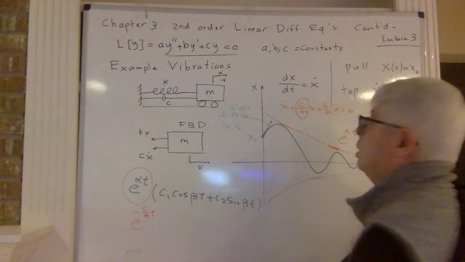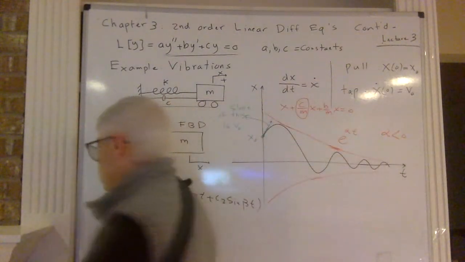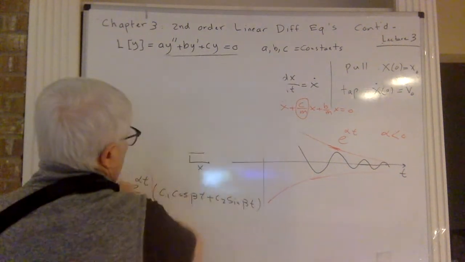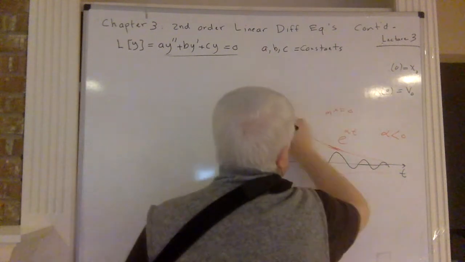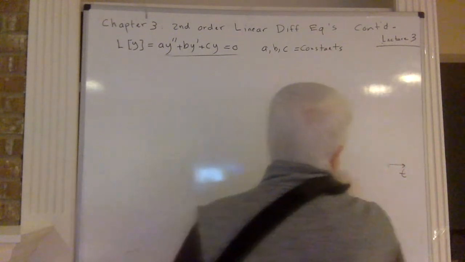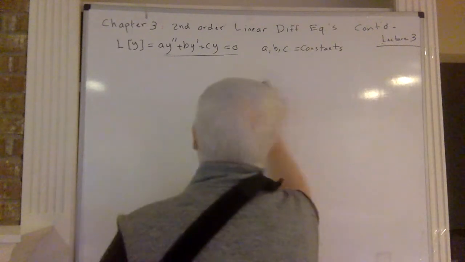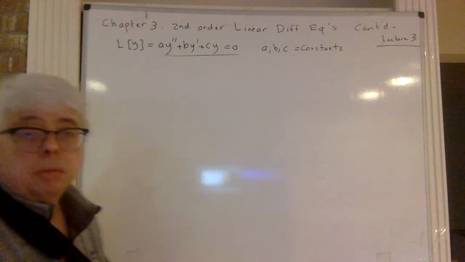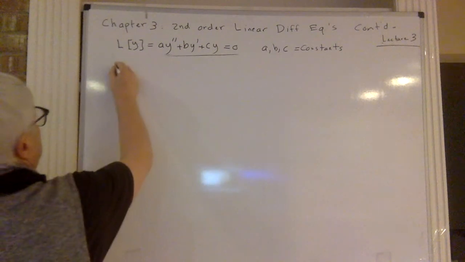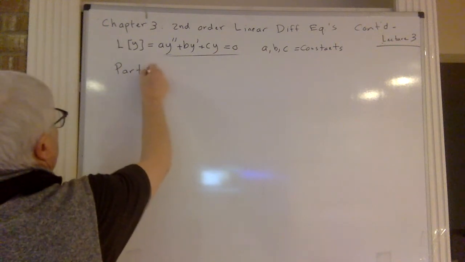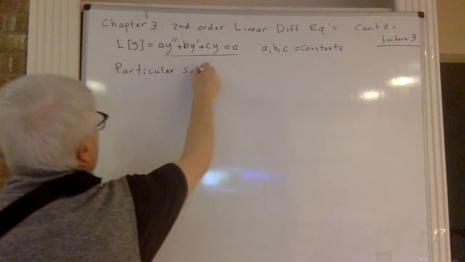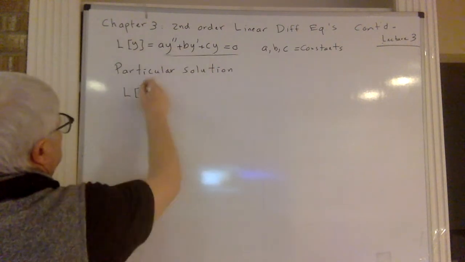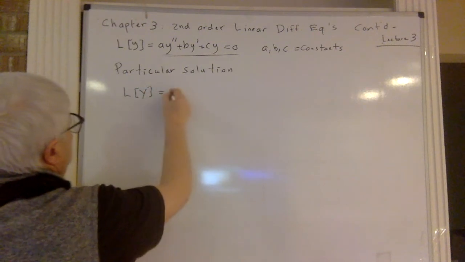Okay. So let me erase this. Okay, now particular solution. I have Ly, which is this thing, equals some G of t.